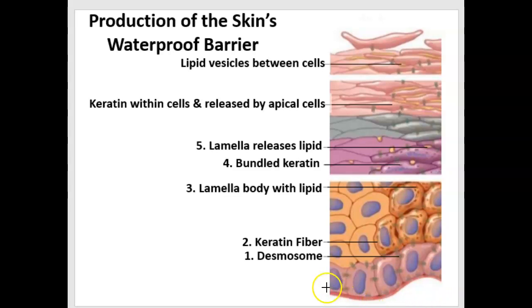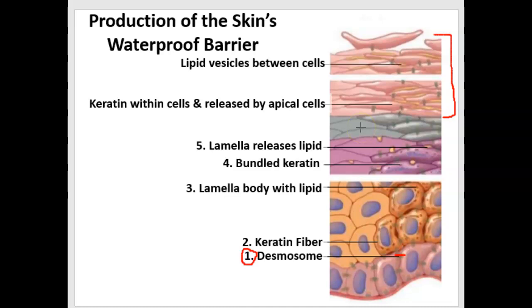So first, down in the stratum spinosum as well as the stratum basale, there are desmosomes. And there are still some desmosomes up at the stratum granulosum, but that breaks down pretty much when you get up to the stratum corneum. But anyway, desmosomes keep the cells adhered to one another.